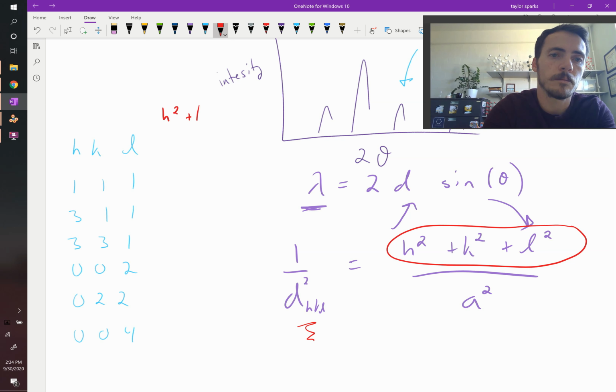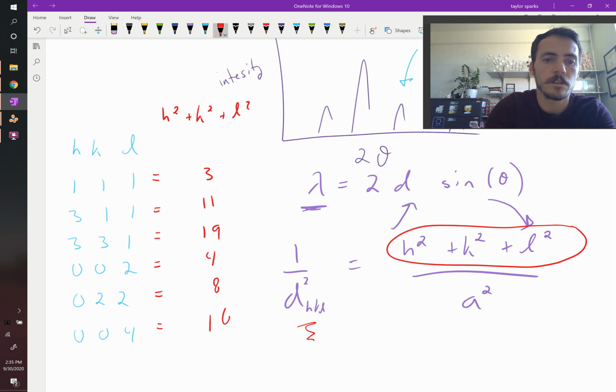H squared plus k squared plus L squared, for all of these, let's figure out what that's equal to. Here, it's going to be equal to 3, here 9 plus 1 plus 1, so 11. Here it will be 19. This one will be 4. This would be 8. And this would be 16.